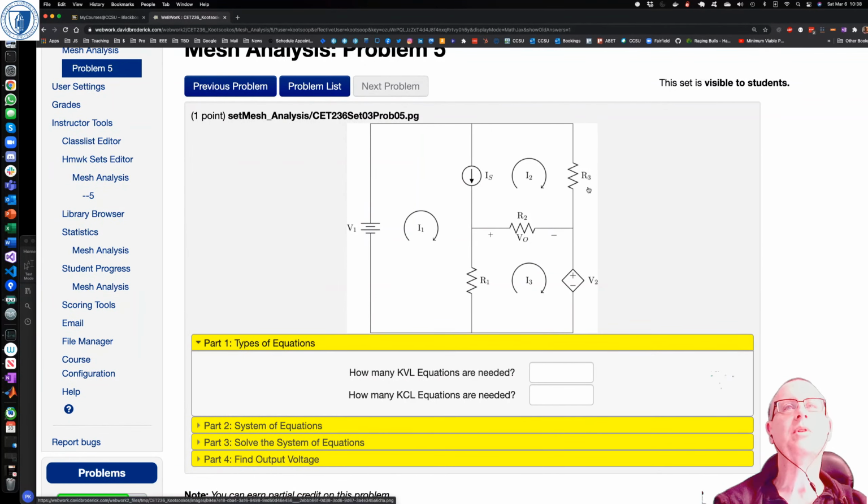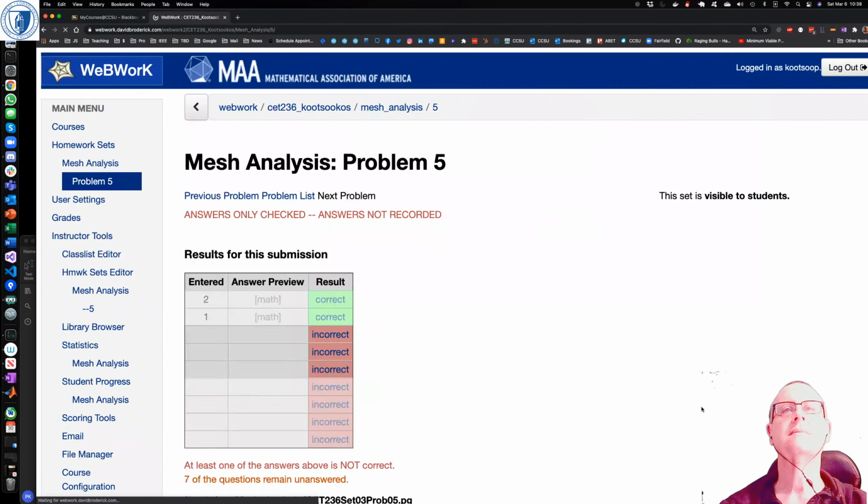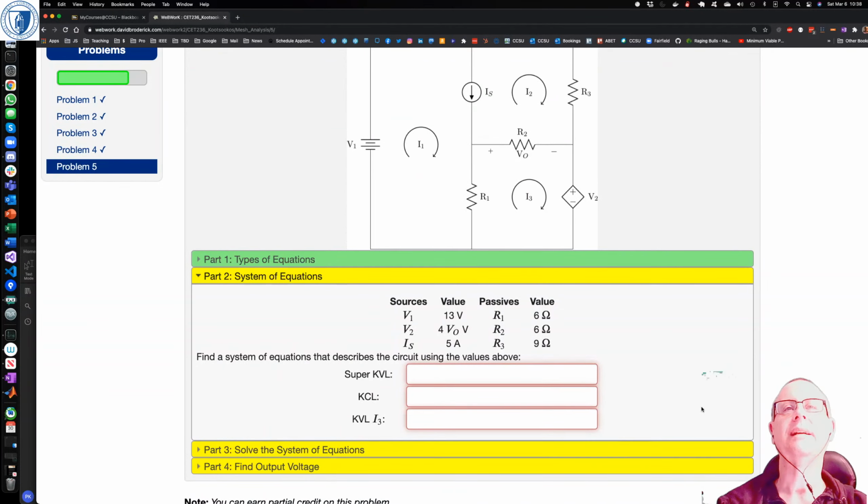And then here we've got 3 meshes, but there's 2 of them sharing a current source. So again, we've got to do our 2 and 1. And again, we get a super KVL, a KCL.